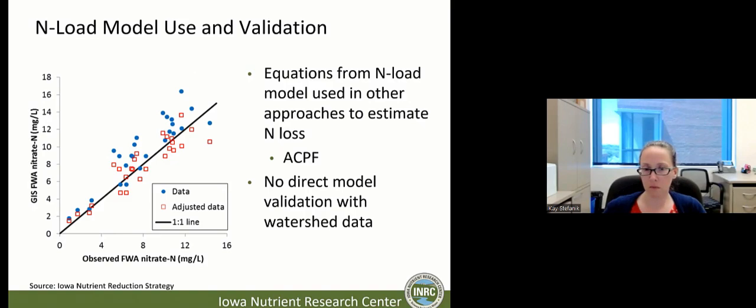So it is, in fact, a model prediction based on land use, fertilizer application, response, and water yield compared to measured data, which is a validation.